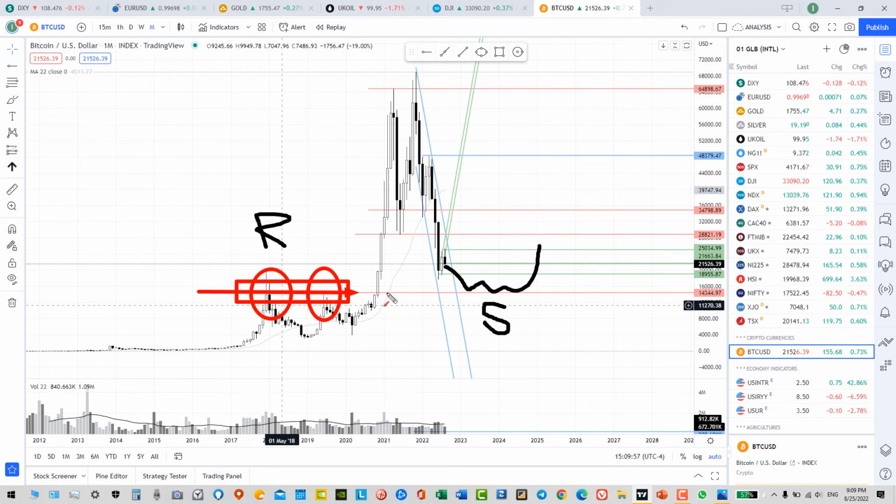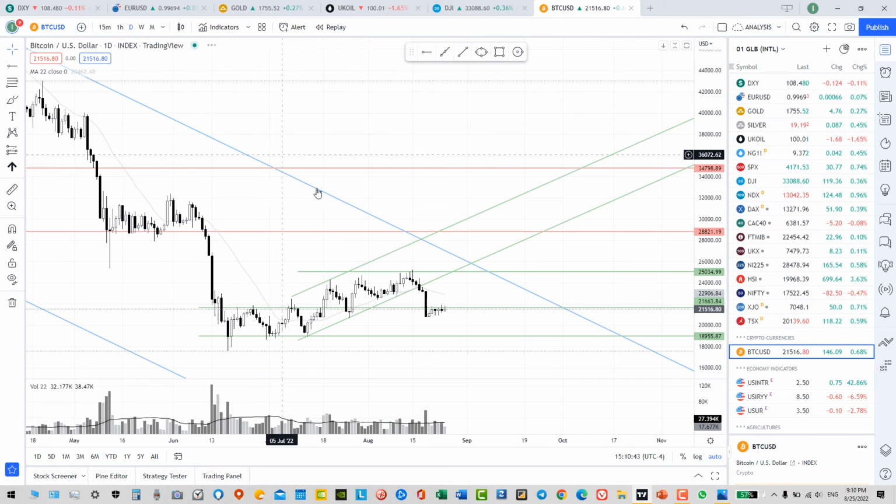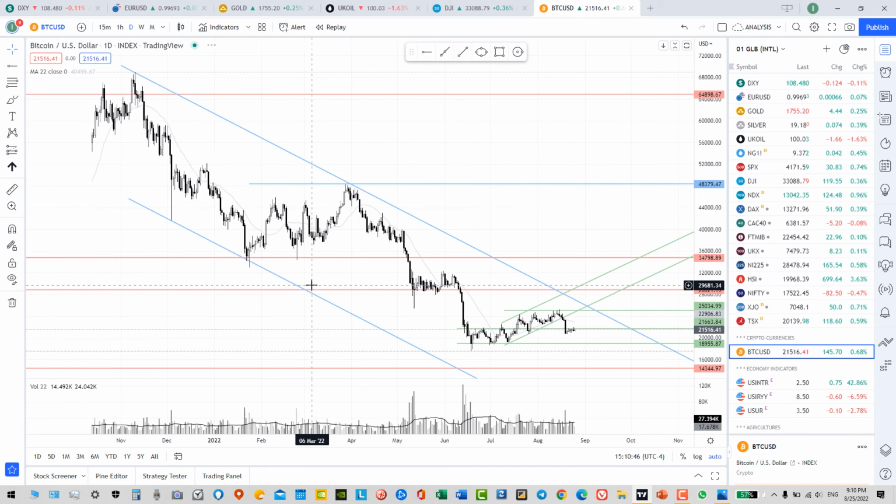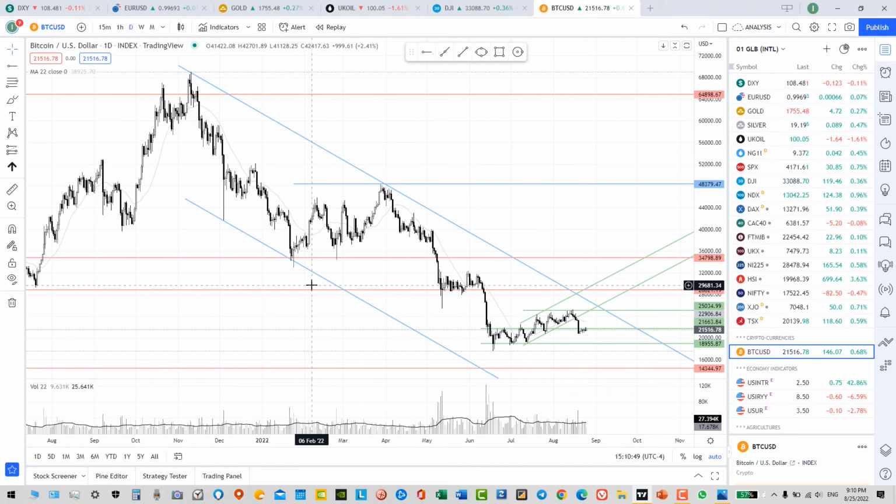Indeed, it is a very critical, important level, and for the time being it will be some kind of support around the 14,000 area, and so it is a long-term target for the impulsive wave in the Bitcoin for the time being.